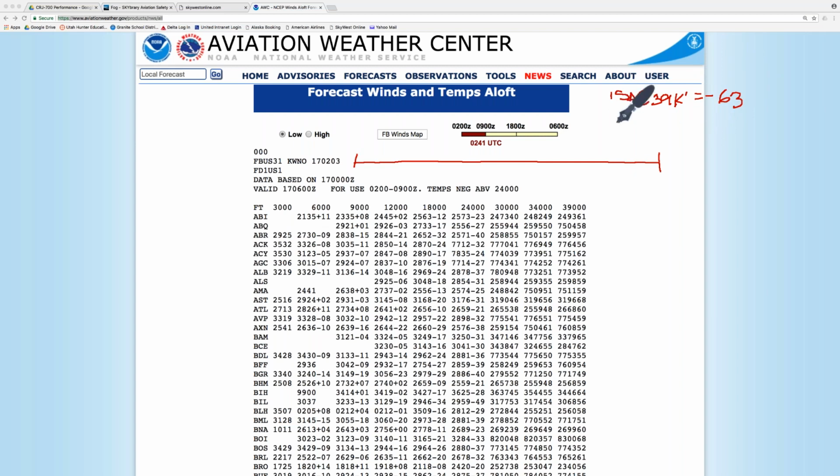Okay, let's just pretend that our current OAT equals negative 71 degrees. Okay, here's our 0.